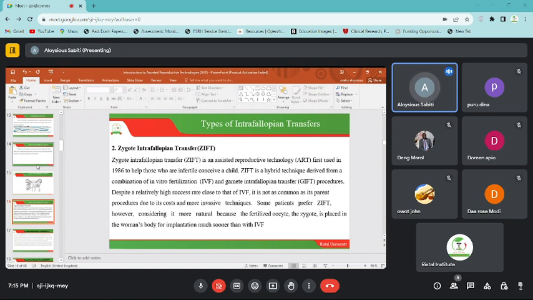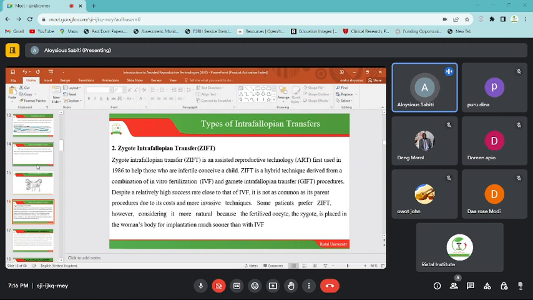However, it is not one of the common types of procedures that are used. It is possibly because of its high cost, but also because it requires many invasive techniques.